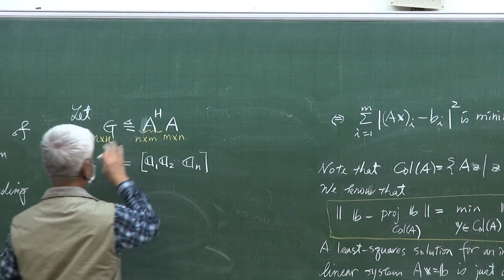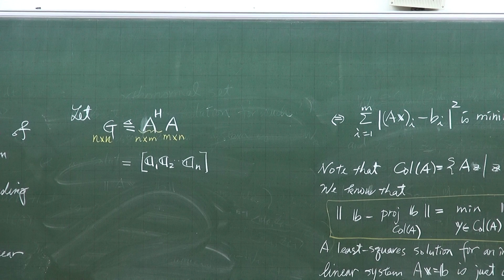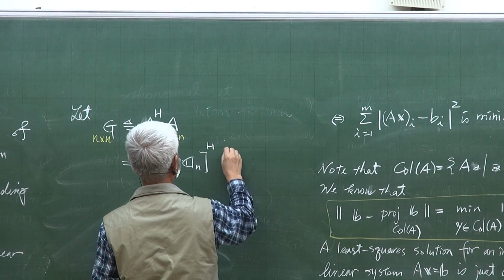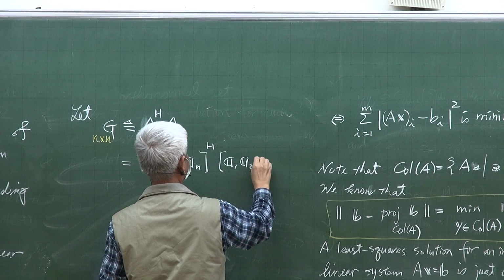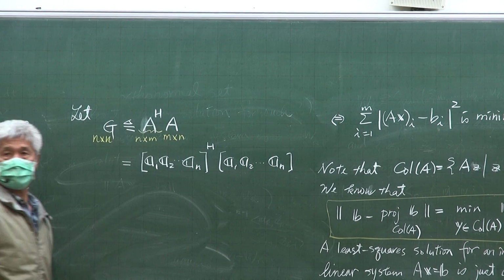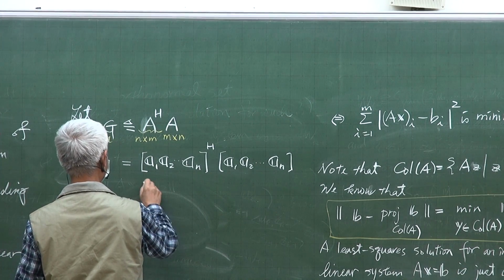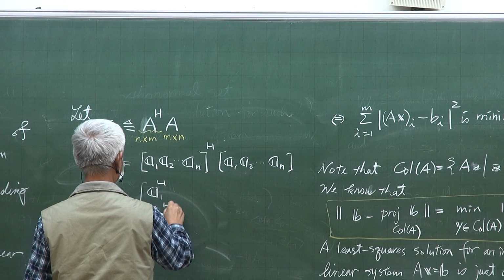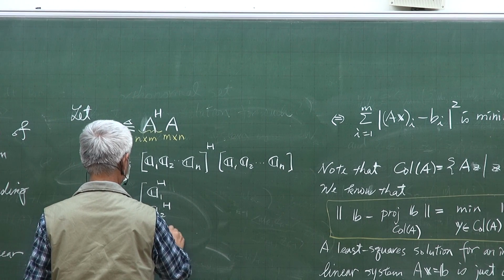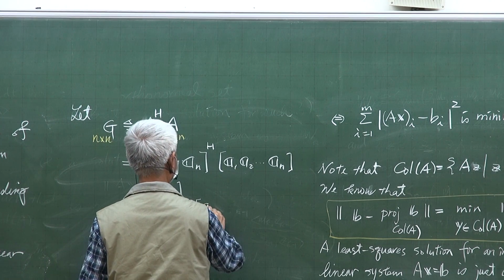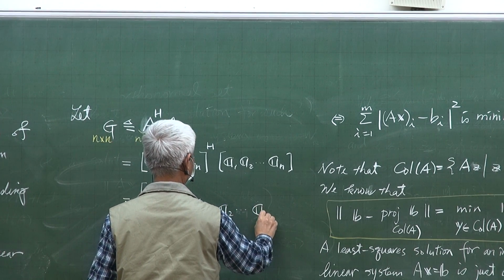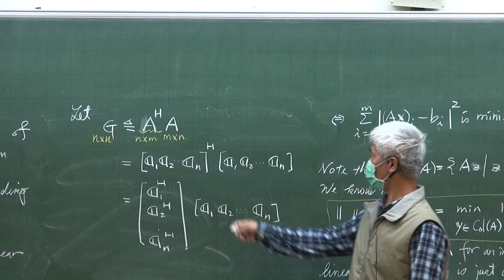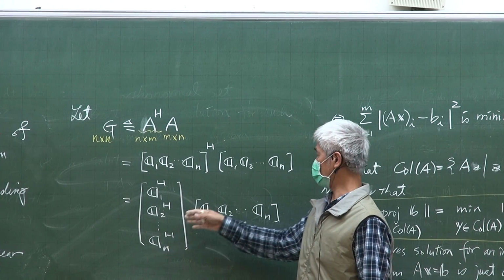So we examine this G matrix, because it's so important. It's the coefficient matrix of the normal equation. So it's A^H times A. By transposing, this becomes A1^H, A2^H, up to An^H. So now we have a block column and a block row vector.